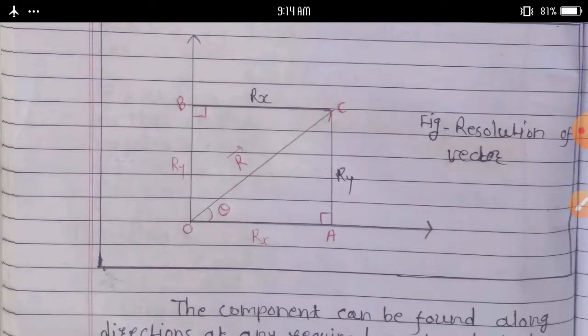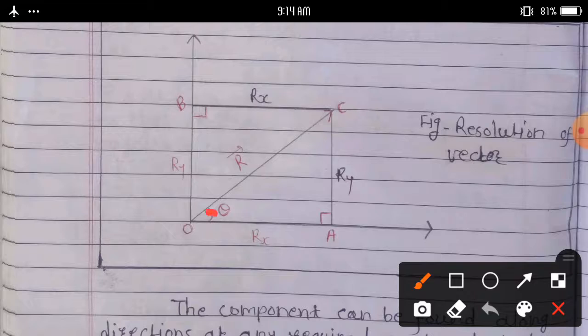See this diagram. Let theta be the angle made by R bar with the x-axis.